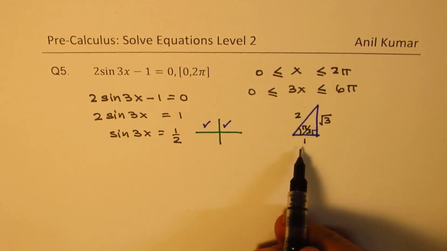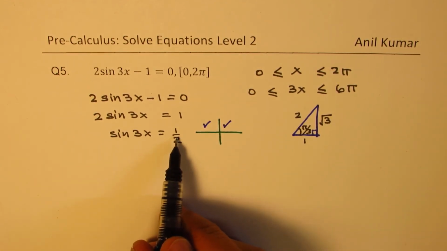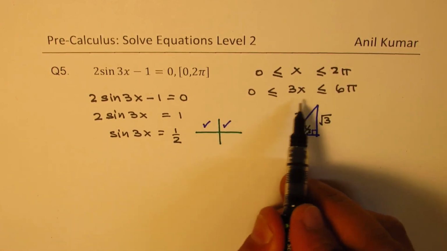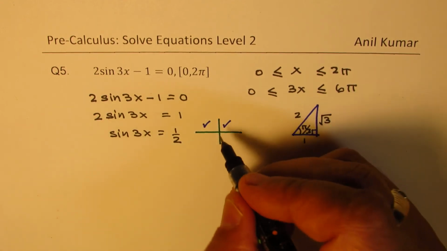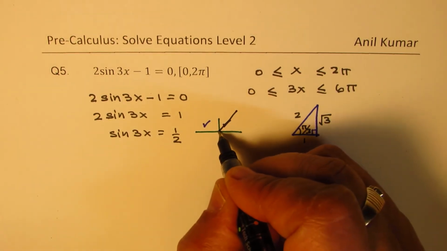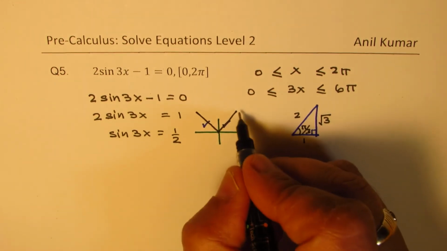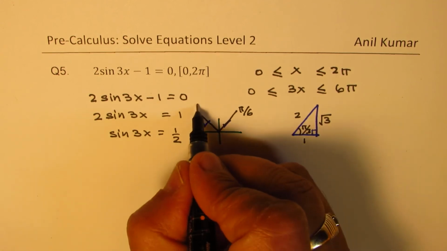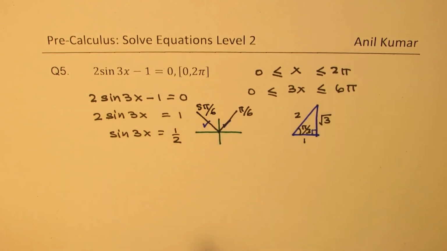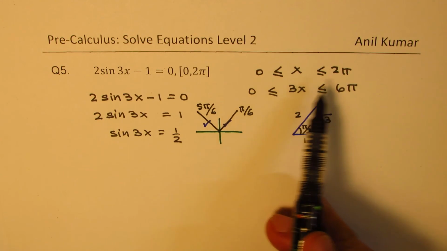So sine pi by 3 is indeed half. Correct? Sine pi by 3 is indeed half, but we have to look for solutions between 0 to 6 pi. So the two values will be kind of like this, right? So we have pi by 6, and the other value here is 5 pi by 6. Now this is within 0 to 2 pi.